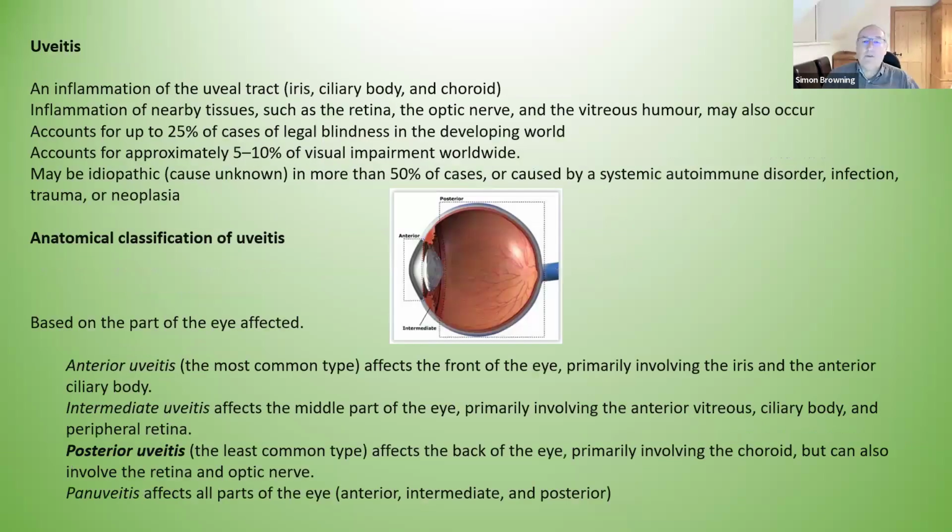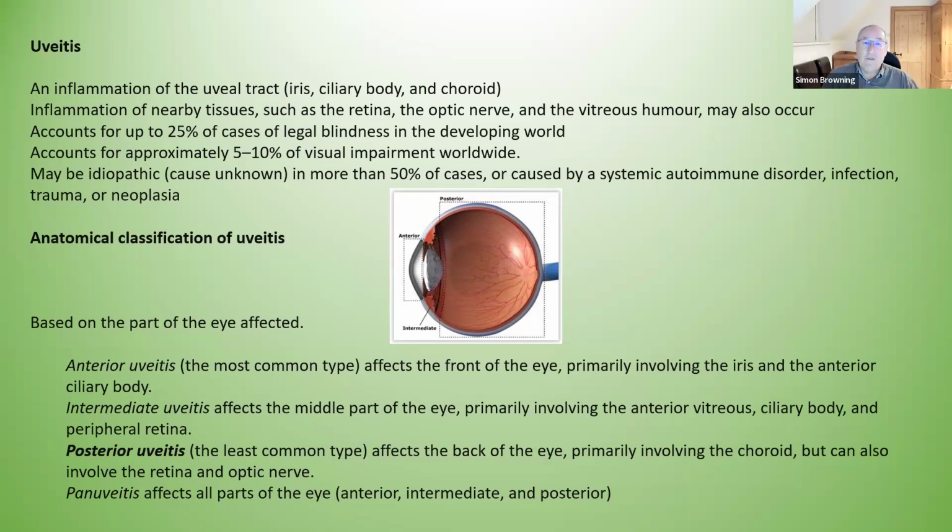That brings me on to uveitis as a whole, and a general definition: uveitis is an inflammation of the uveal tract. So you've got various areas of the eye: the iris, the ciliary body, the choroid, and you will get inflammation of adjacent tissues as well. Uveitis is actually quite a criminal when it comes to legal blindness.